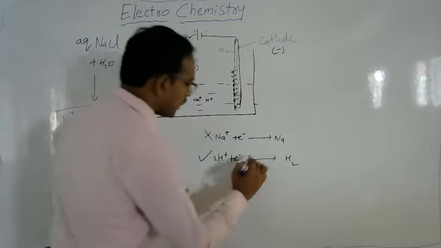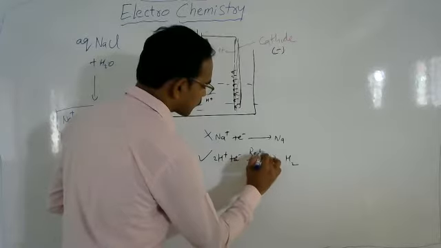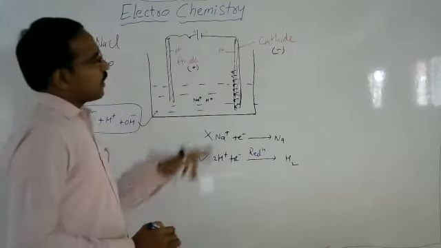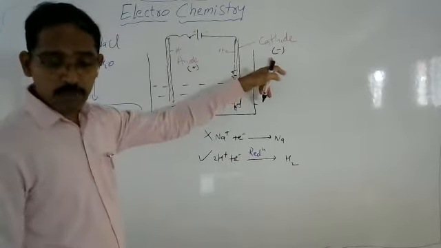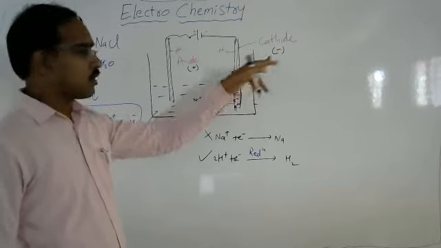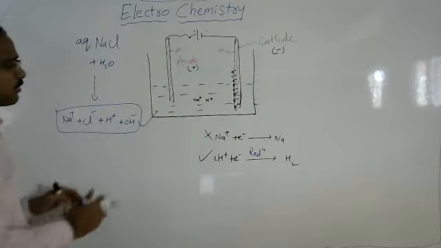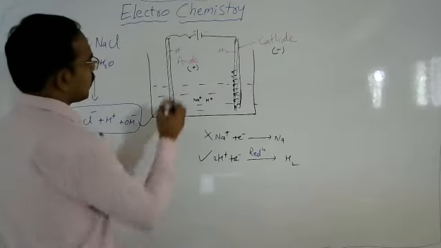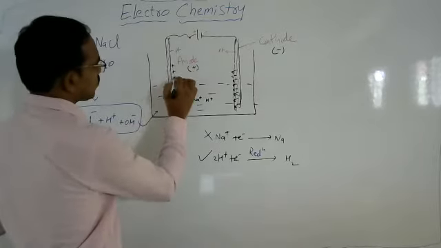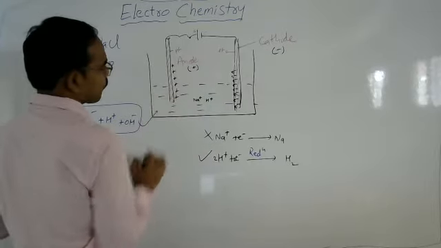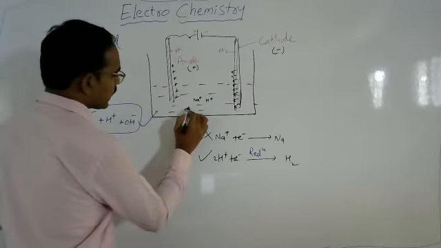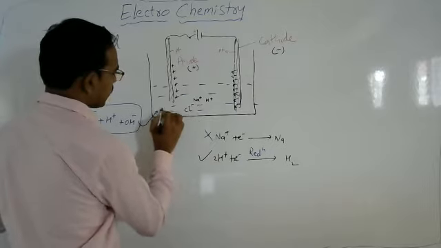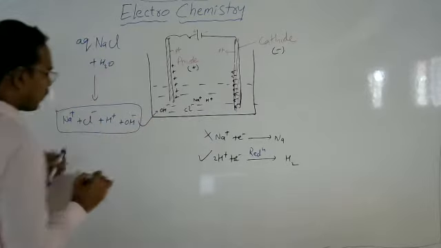Which type of reaction is it? Reduction reaction. We know that at the cathode, reduction reaction takes place. Next, at the anode, what happens? The anode has positive charge. So obviously negative particles will reach here. Those are OH-.